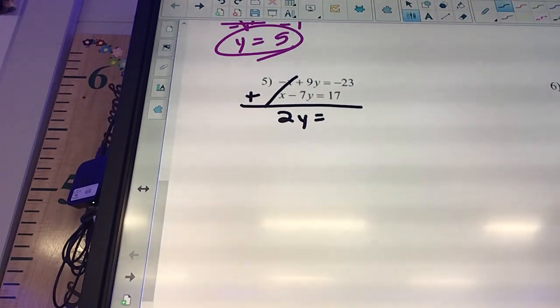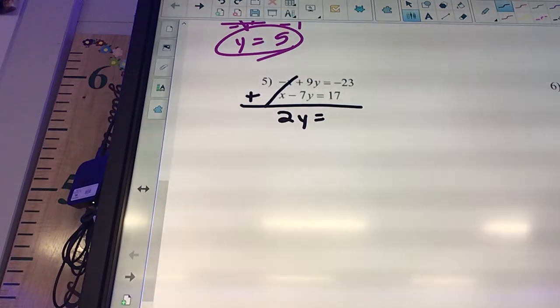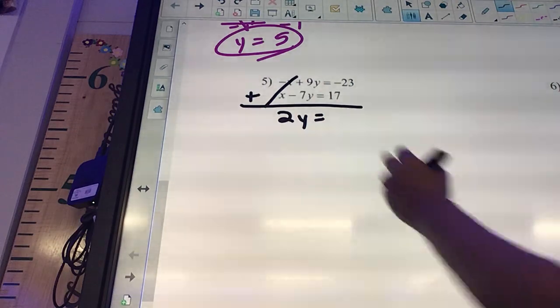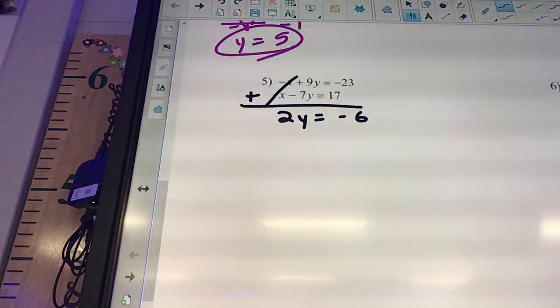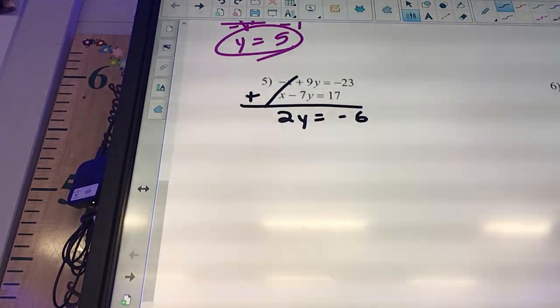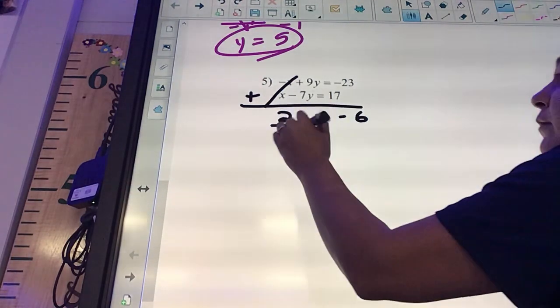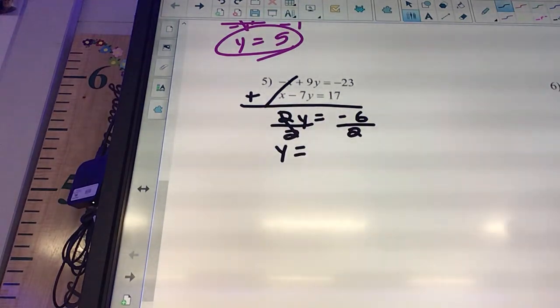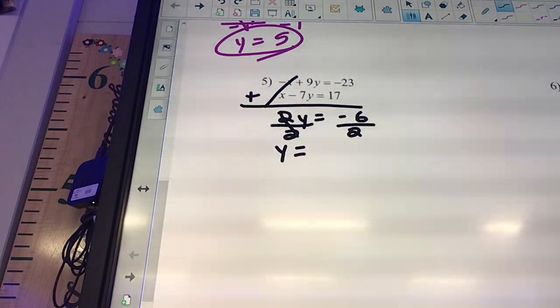Six? Huh? -6? Sure. Okay, and then what? Divide by 2. Bevan, you alright? Okay. -6 divided by 2. -3.